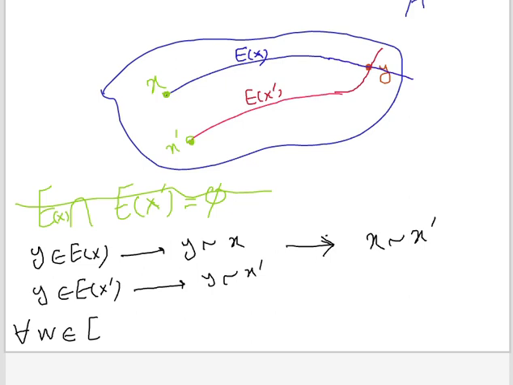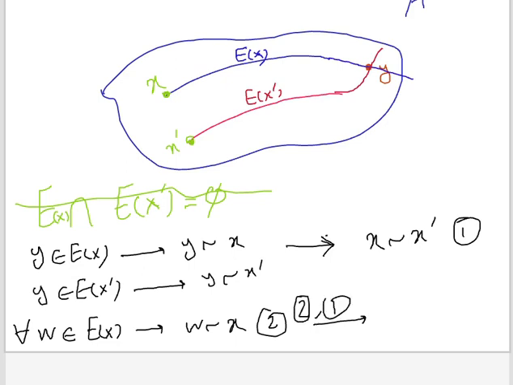This is trivial. Now we choose a point W from E x. Then W is equivalent to x. From 1 and 2, W is equivalent to x prime.